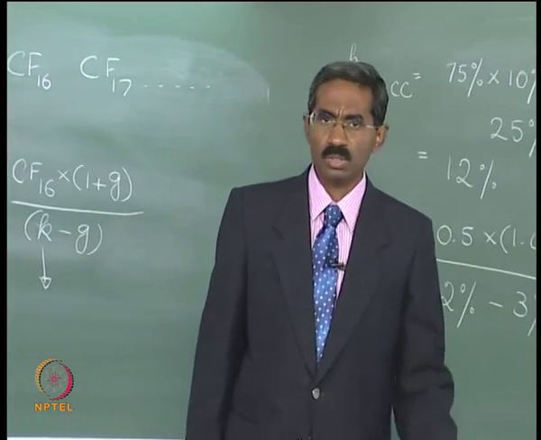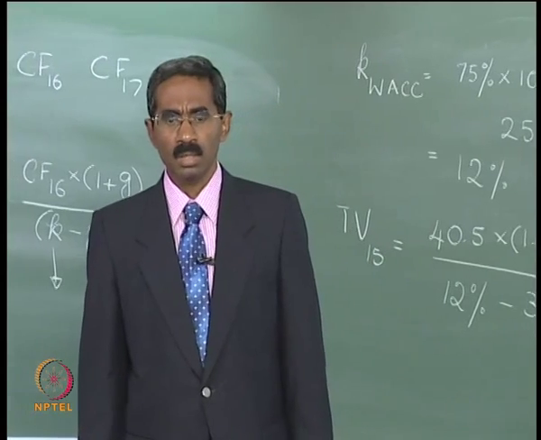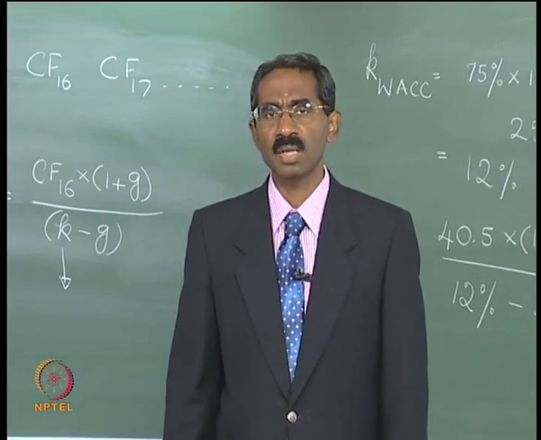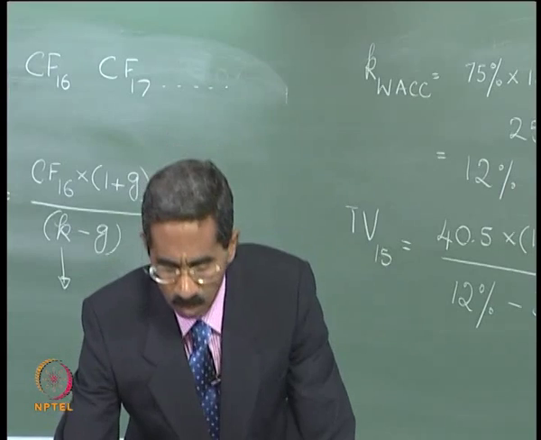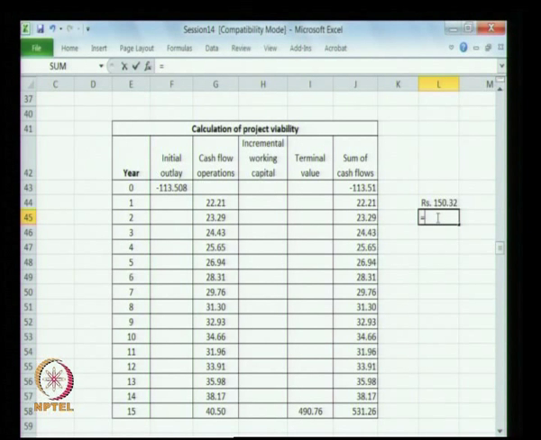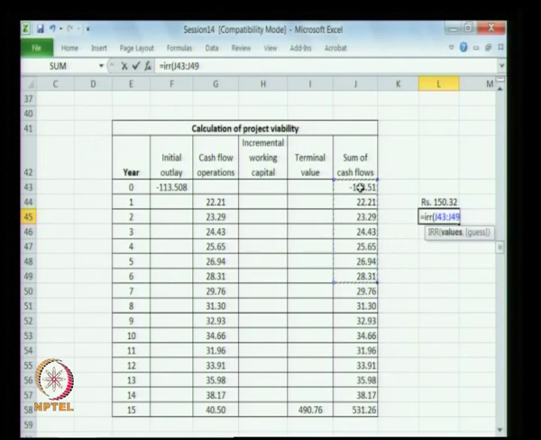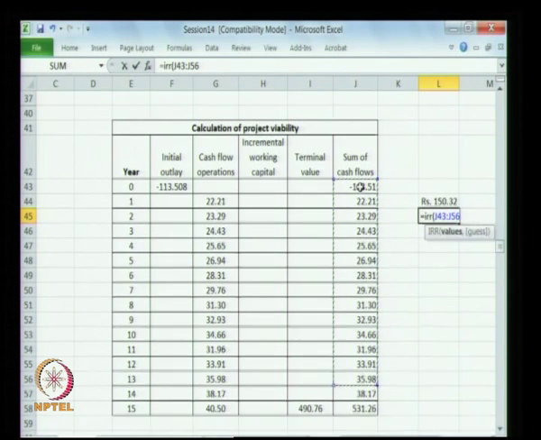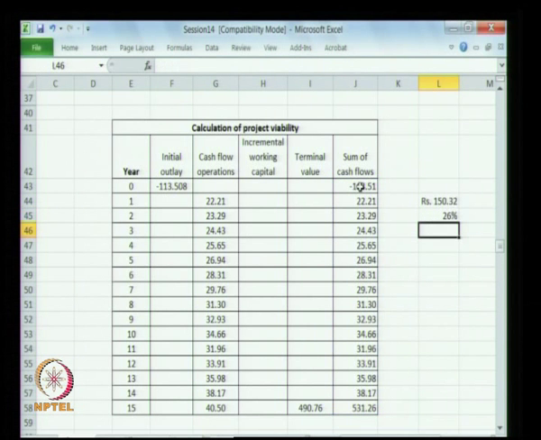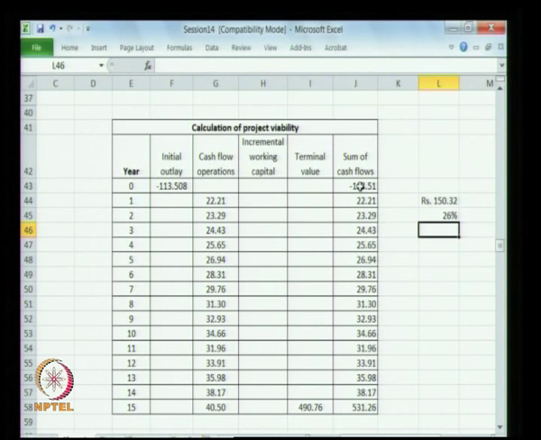We can also use the same method to calculate the IRR. So for IRR, we use the IRR function in Excel, and then we include all the cash flows that we have calculated from the project, and this gives an IRR of 26%.